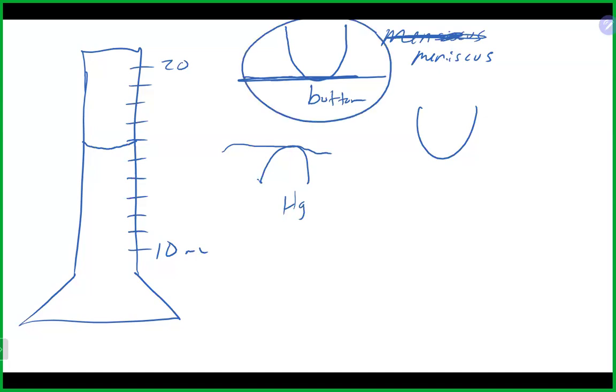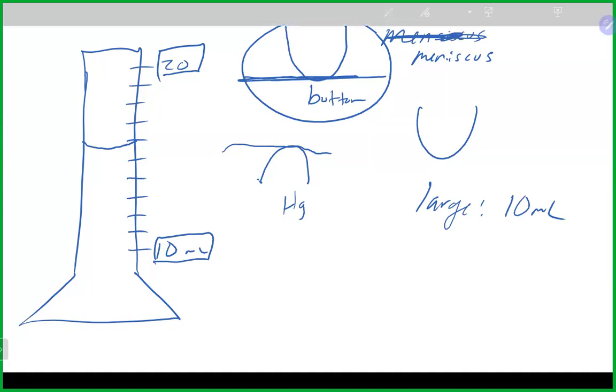So when we look at this graduated cylinder, once again, we want to figure out our markings and what they represent. Our large markings here, which have actual numbers, that is 10, that is 20, which means our large markings in this case represent 10 milliliters. That is the difference between the large markings.